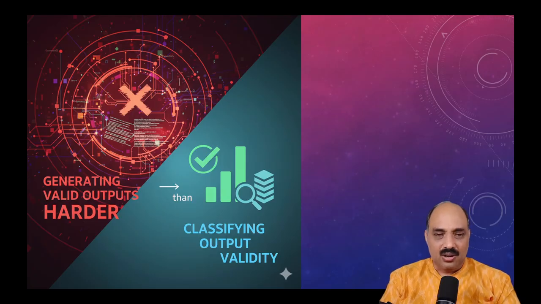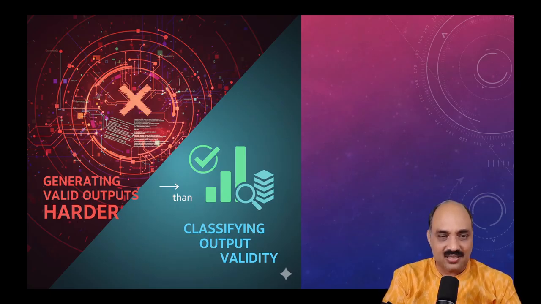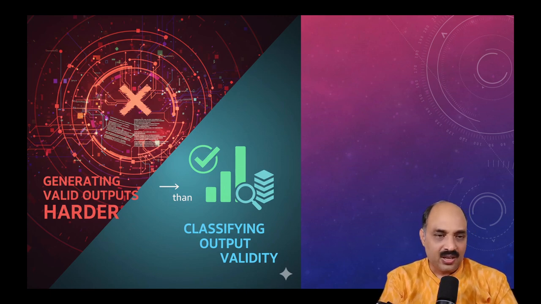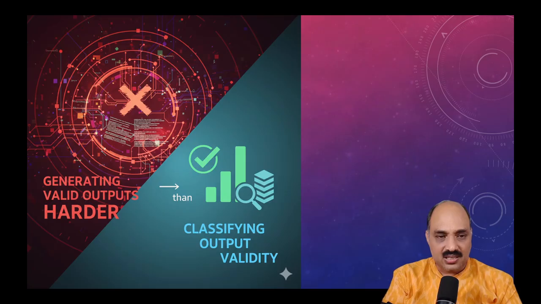LLMs can generate a set of different answers, and classifying whether a generated answer is correct or wrong is much easier, cheaper, and faster than figuring out the correct answer for a prompt or a question. This is a mathematical complexity, and that complexity is generating the hallucinations.